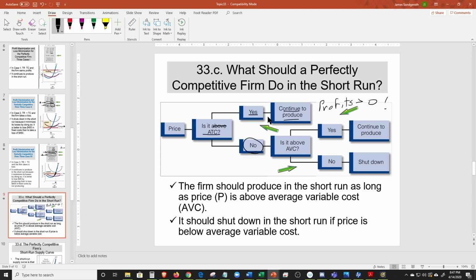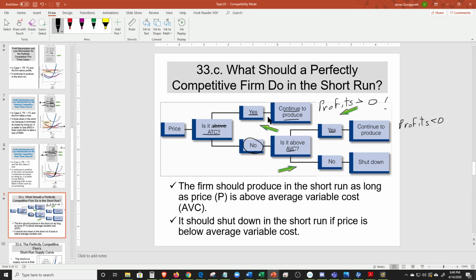Now, if the answer is no, then we have to ask another question. Is it above average variable cost? If yes, well, we do continue to produce. Profits are less than zero.